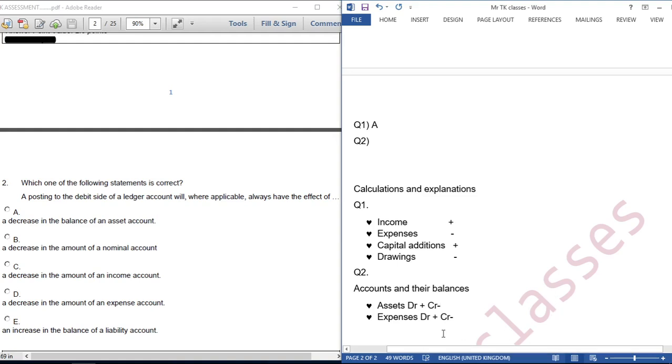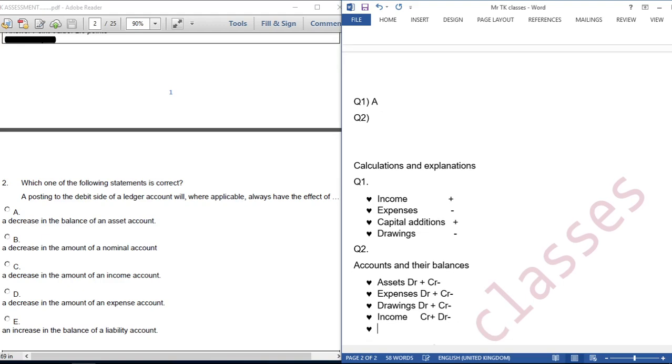The next one is drawings. Drawings increase on the debit side and decrease on the credit side. The next one is income. This one has a credit balance, so it increases on the credit side and decreases on the debit side.